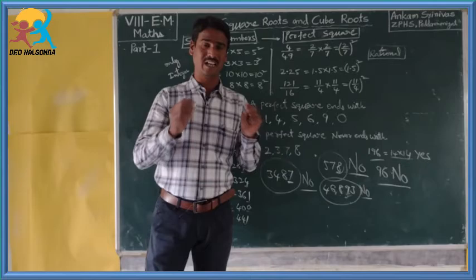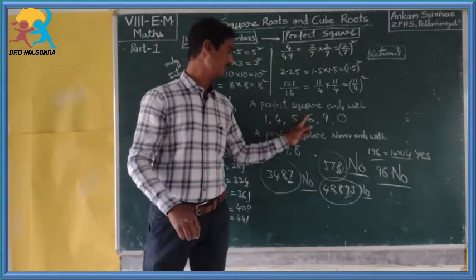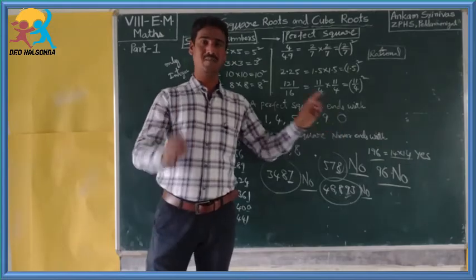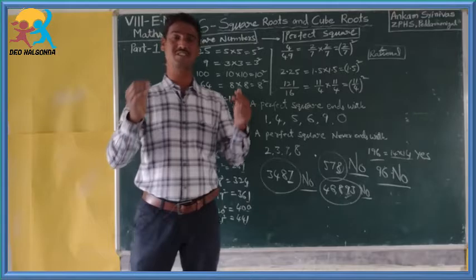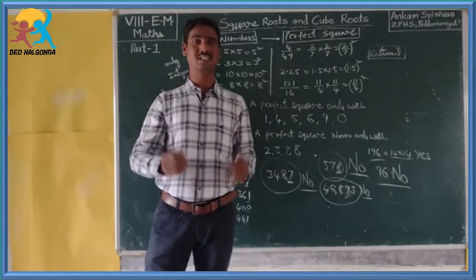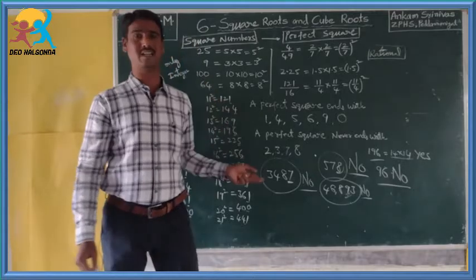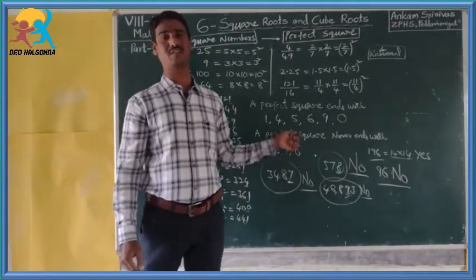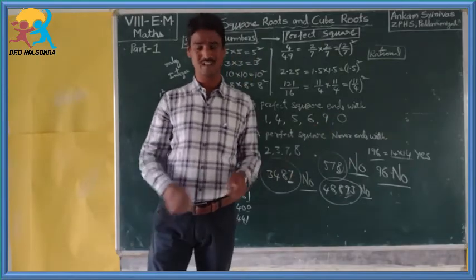But the numbers which end with 1, 4, 5, 6, 9, 0 may not be perfect squares. We have to check. We have some formulas or some methods. Using the methods we have to check whether the given number is a perfect square or not.